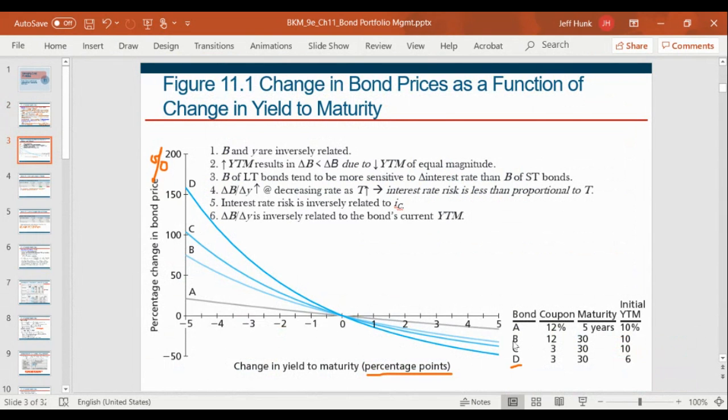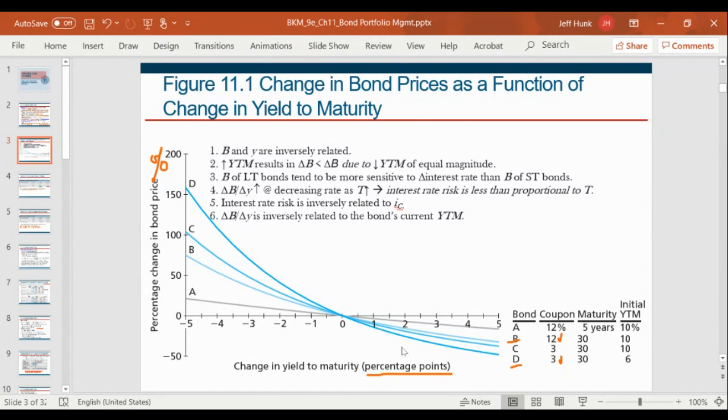Coupon rate is 12%, very high coupon, right? D has a low coupon. And the initial yield to maturity is like 10%.